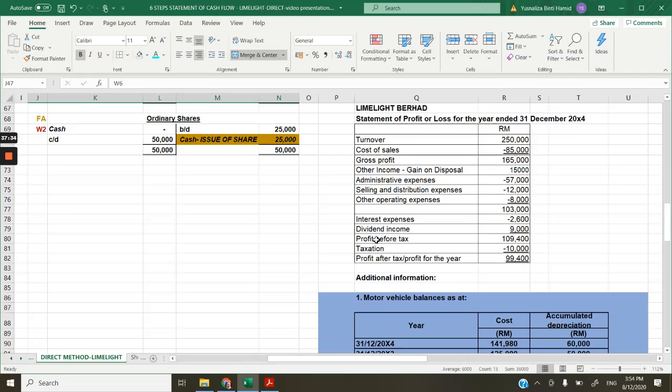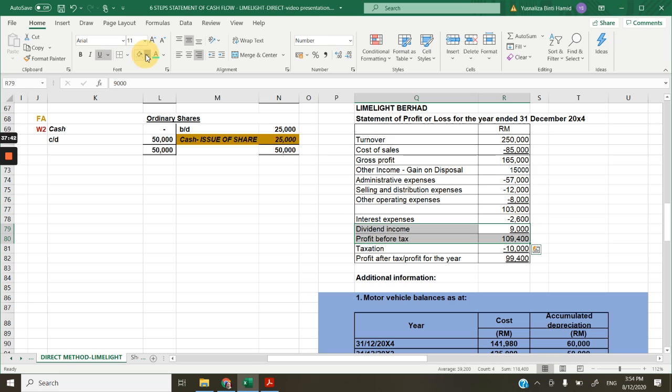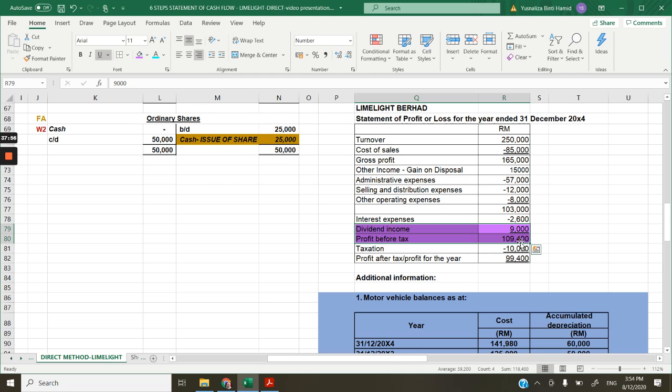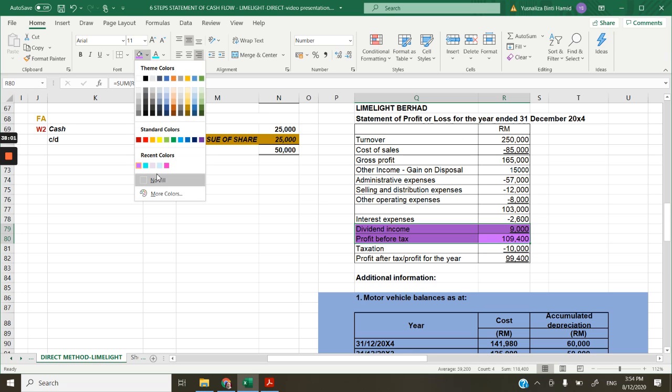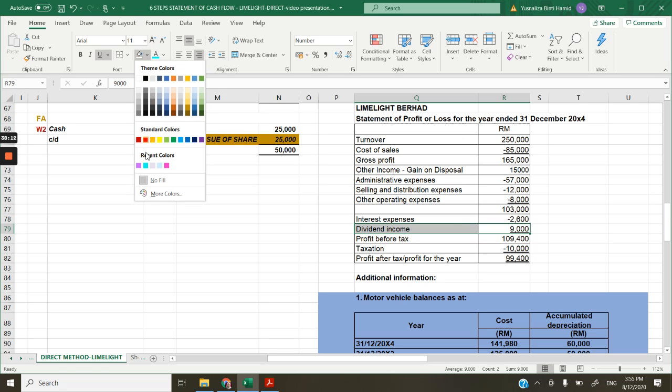So if you check your income statement here, you have this dividend income, which is a cash item, but it is a non-operating item that has an effect on the investing section. Sorry, I just make a correction here. Now you have that item, dividend income. What I'm trying to highlight here is the dividend income.